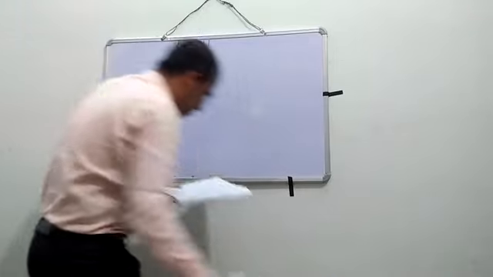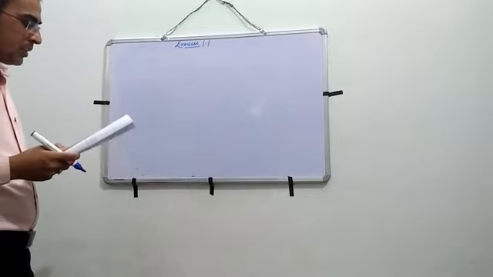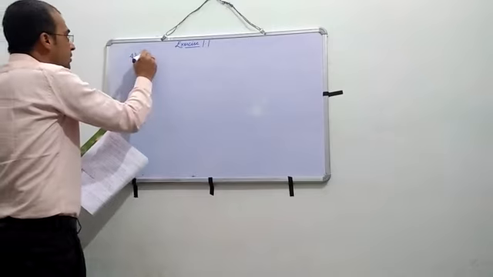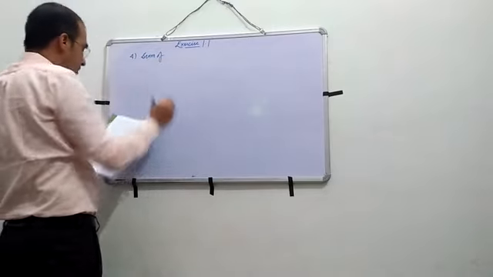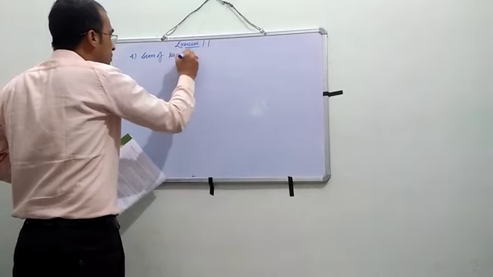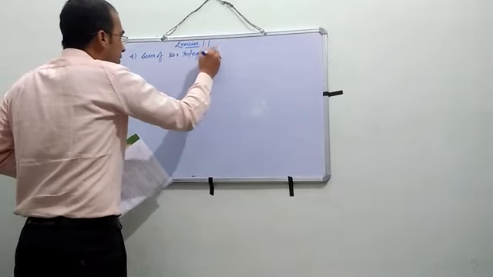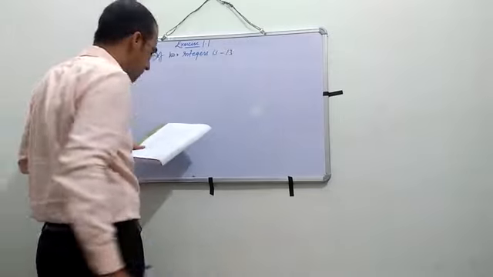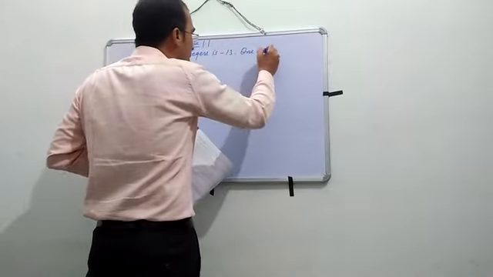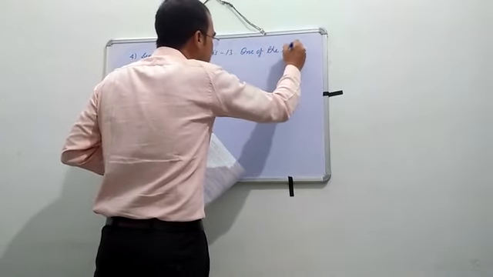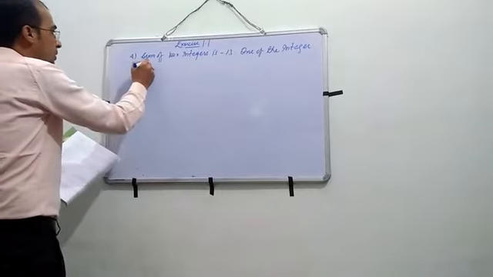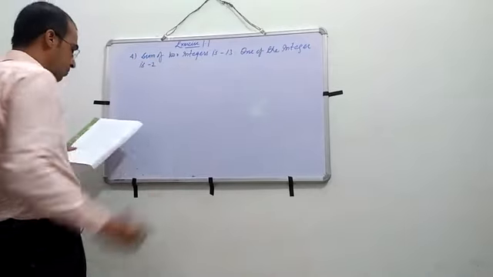the sum of two integers is minus 13. One of the integers is minus 2.